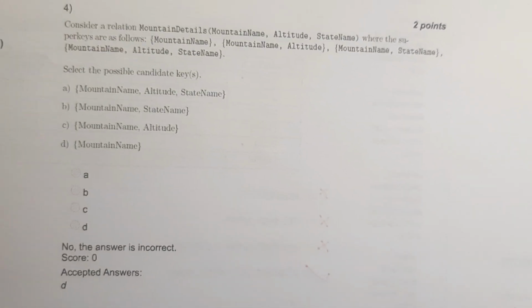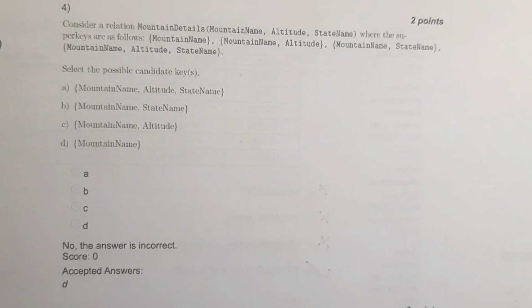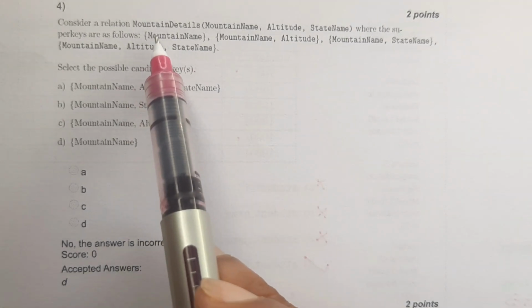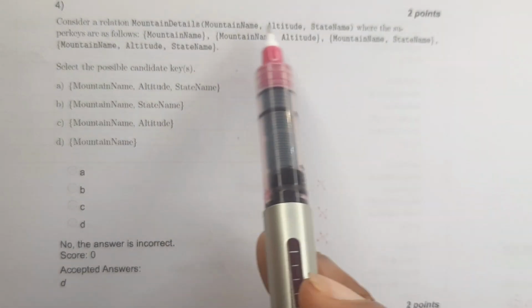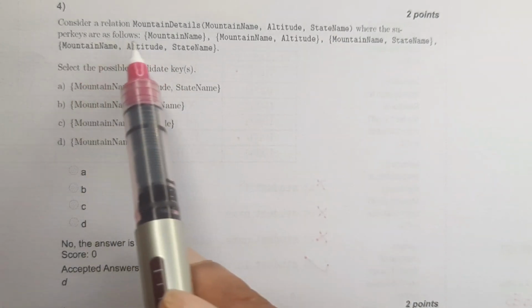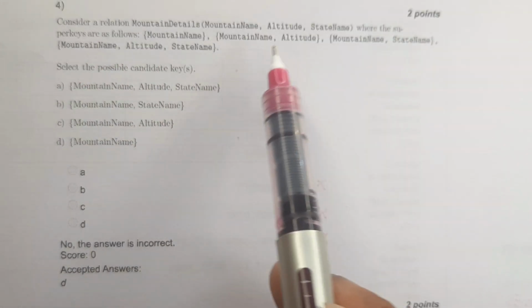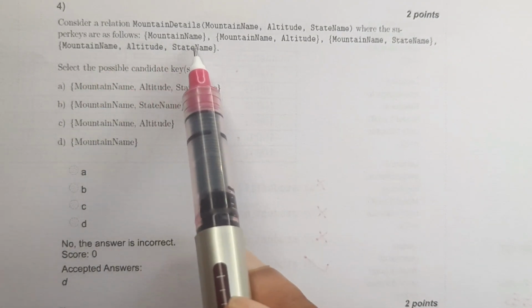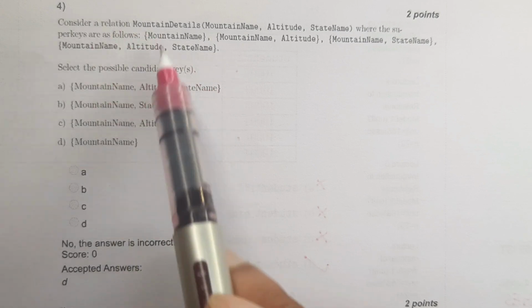Now you can observe question number 4. So what is the question? Consider the relation mountain details: mountain name, altitude, state name, where super keys are mountain name, altitude; mountain name, state name; mountain name, altitude, state name. So they have given one table.